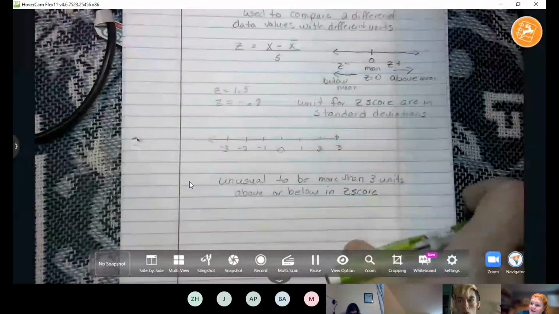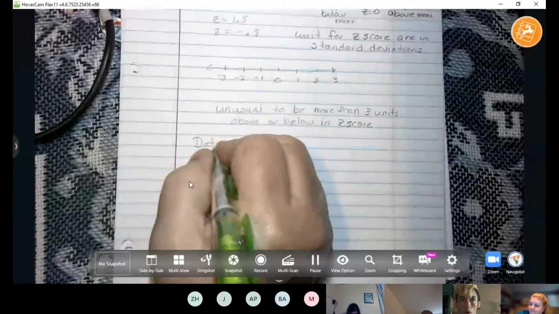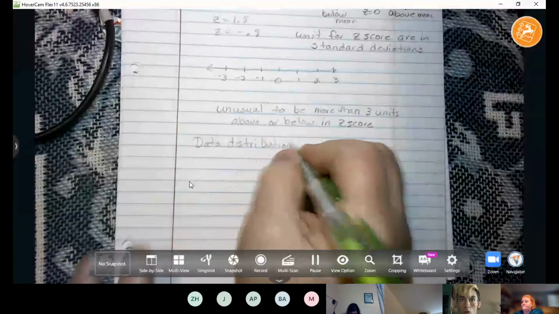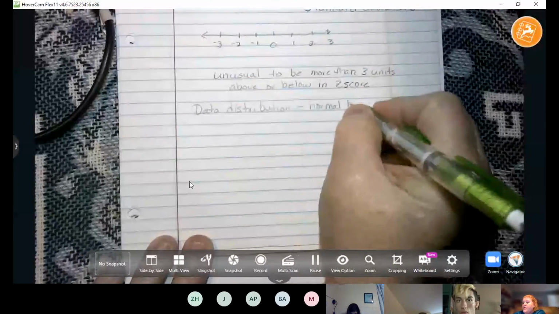And then we add to Z-score the data distribution, the normal bell curve.